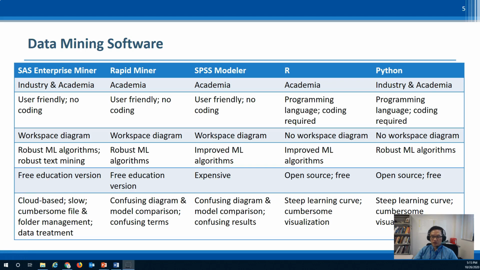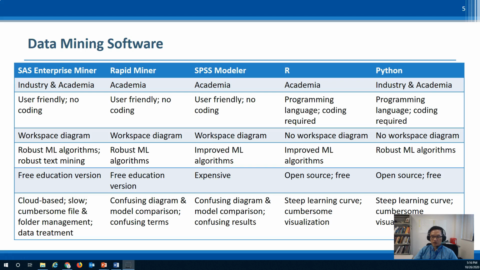Finally, I wanted to summarize some key weaknesses of these apps. As mentioned above, R and Python are programming languages, so there will be a steep learning curve for new users. They both lack the workspace diagram, and visualization is cumbersome with these apps.